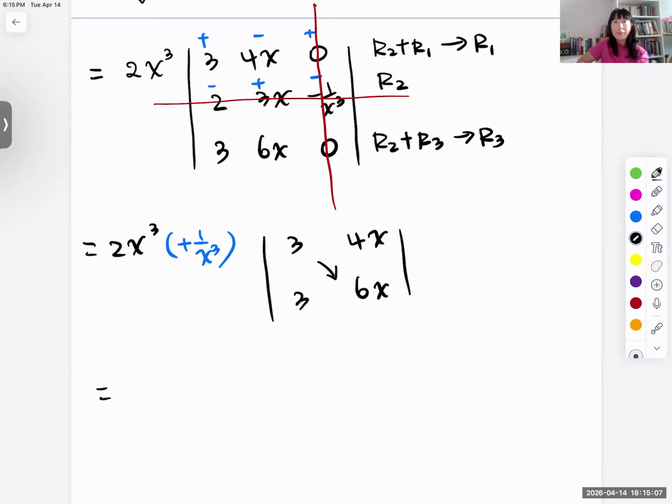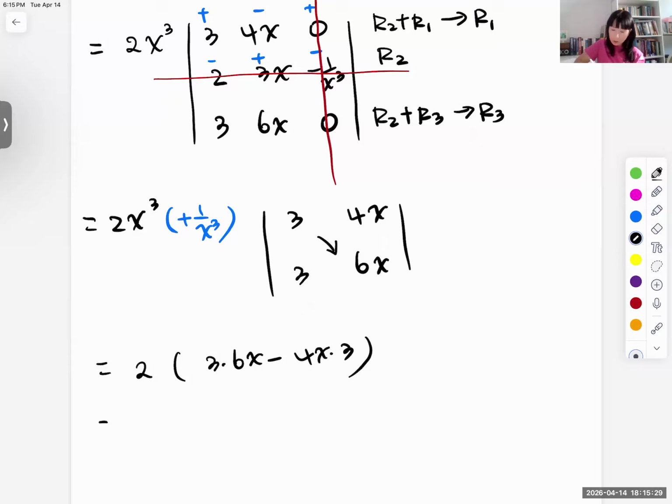We simplify, so we have a 2, and we get 3 times 6x minus 4x times 3, right? Then what do you get? So we have 18x minus 12x, which is 12x.